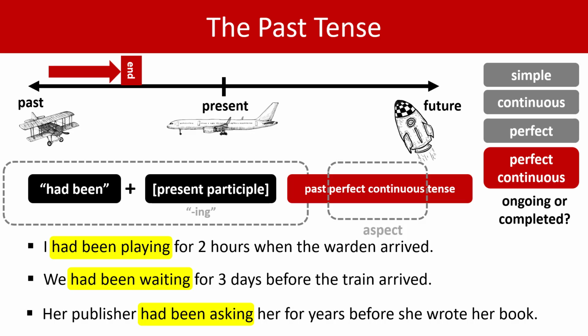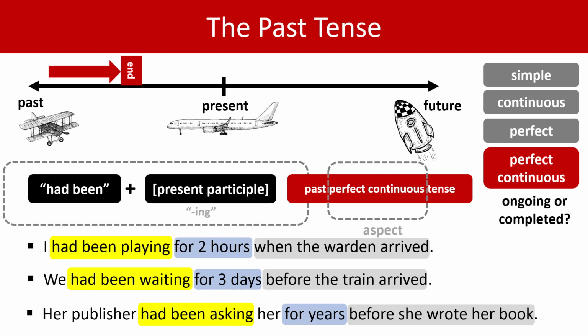Now, look at these sentences. Here in grey, we have a second activity. That is very common when you use the past perfect continuous tense. What is also common is a phrase telling you how long the activity had been ongoing for.